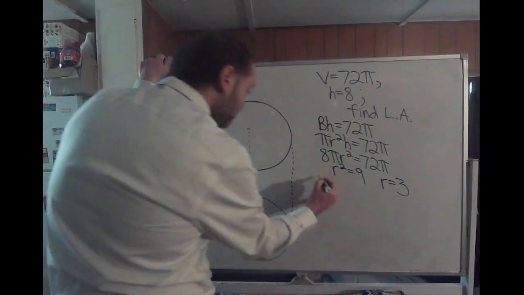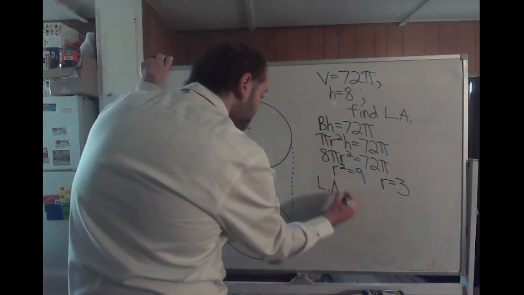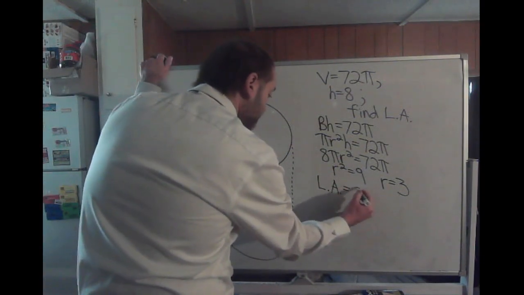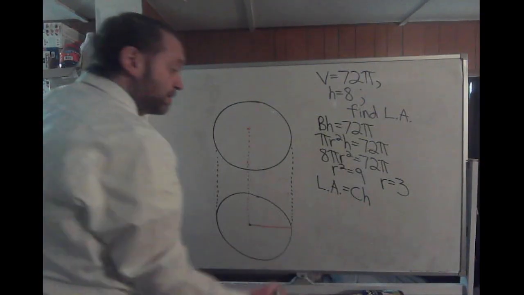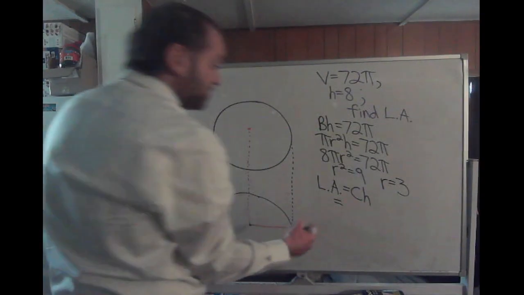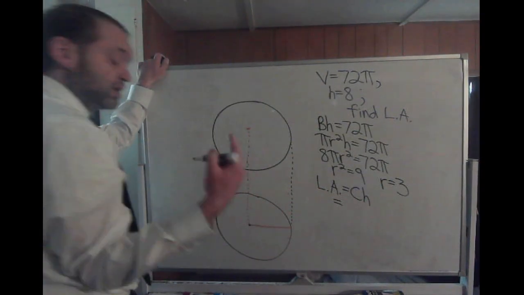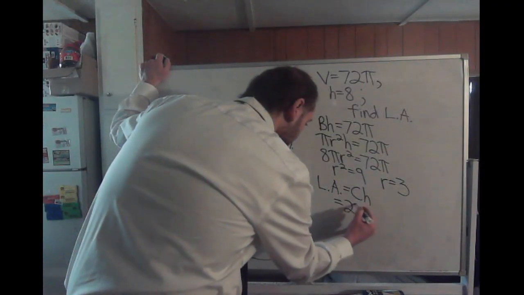What is the lateral area of a cylinder? It's ultimately the circumference times the height of the cylinder, which the circumference of a circle is 2 pi r.